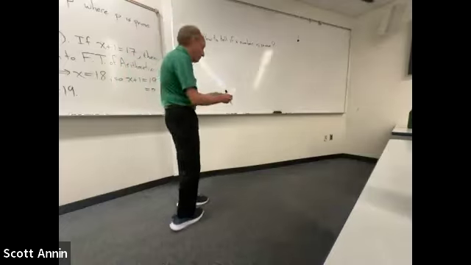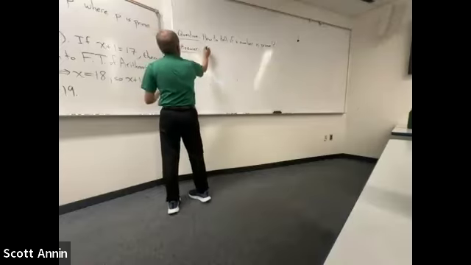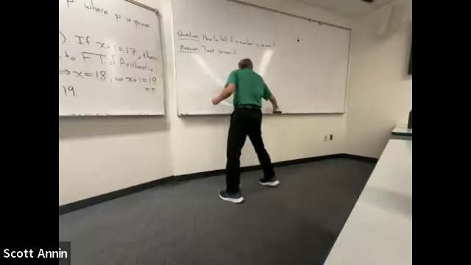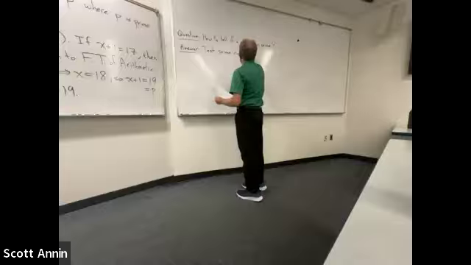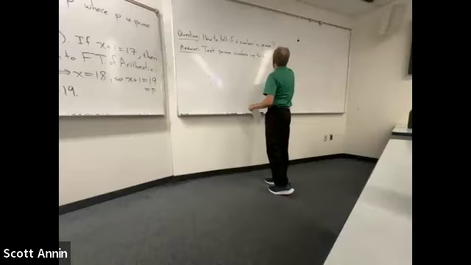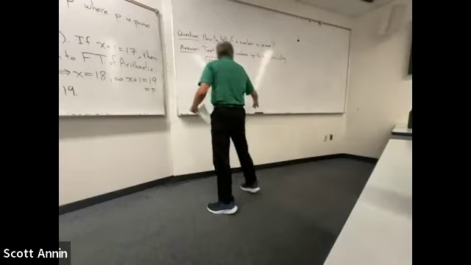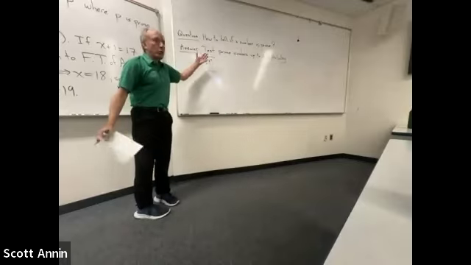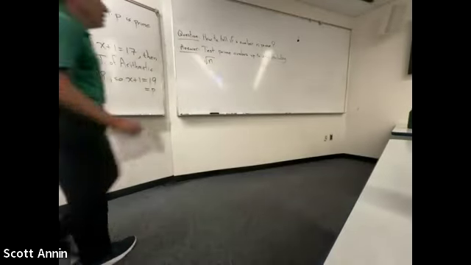Okay, so this is probably something familiar. So the answer here, I'll just write this down. Test prime divisors, prime numbers up to and including the square root of n. Of course, that's only if the square root of n is actually an integer, which a lot of times it's not.